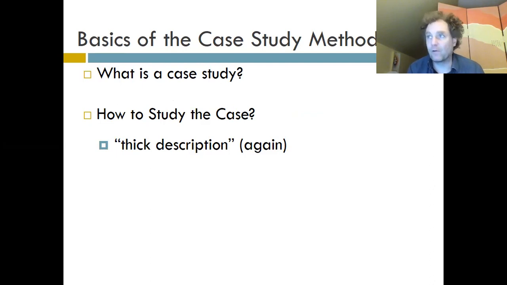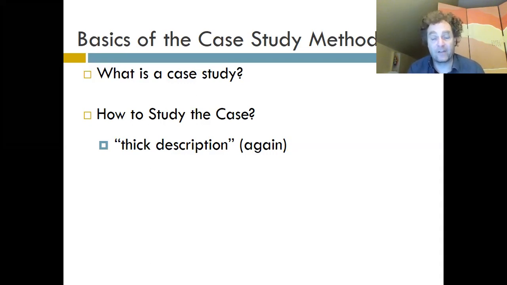If you remember, a thick description is giving a rich, detailed description of your subject, an intensive study of it. Ethnographies did that by the researcher living with the people they are studying. Case studies can do that, but there are other ways to get at that richness of detail.